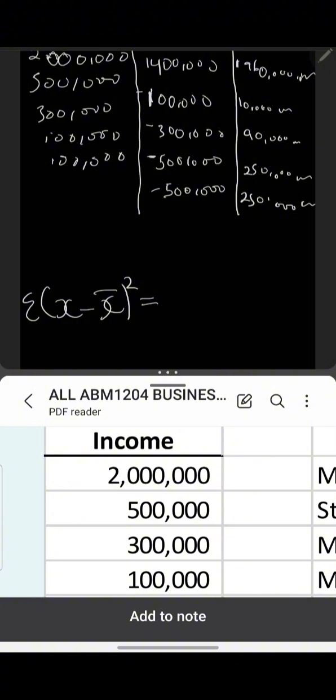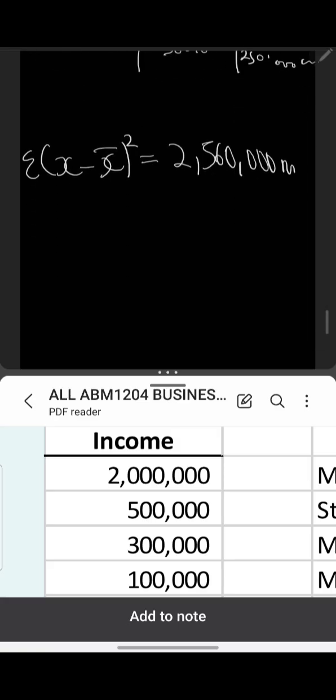Plus 250,000. Yeah, so our summation is 2,560,000 million. So times 1 million again, but there is no space to write that. You go ahead and now calculate.